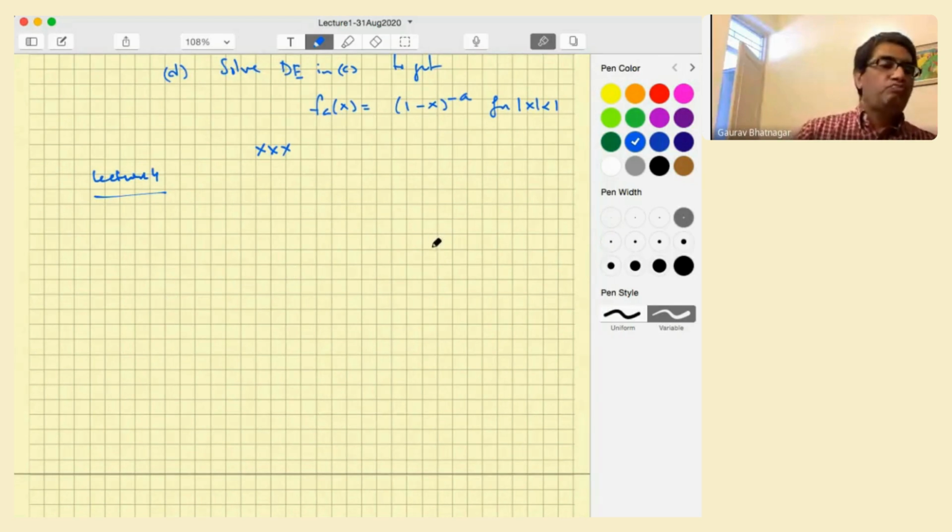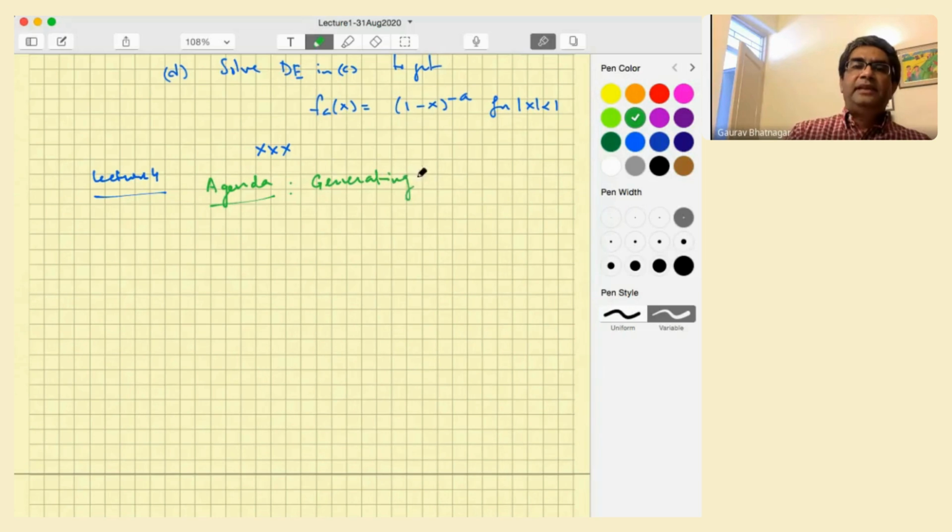So let me say that my calculus class has been complaining that I don't know where I'm going. So before you complain, the agenda for the next few classes would be maybe generating functions.